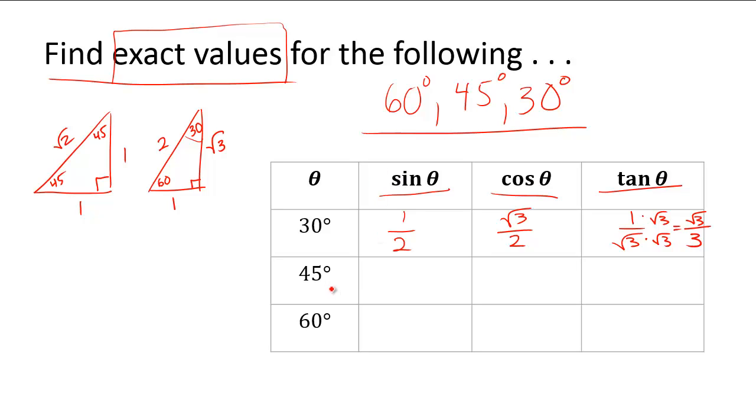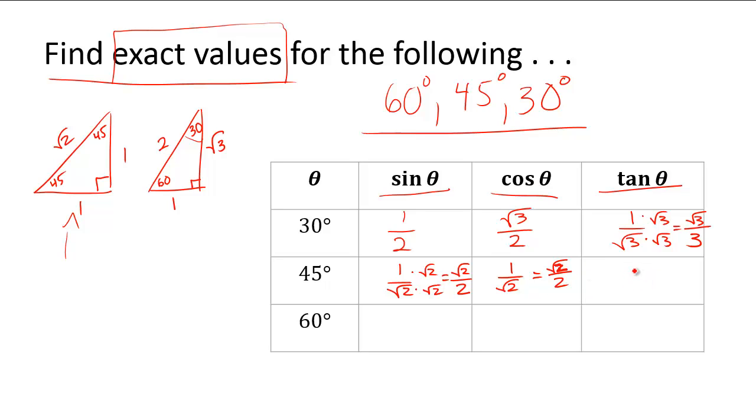What about sine of 45? Well, 45 is in this triangle, so the sine will be opposite over hypotenuse, 1 over root 2, so get rid of the root in the denominator, leaving you with root 2 over 2. The cosine is going to be the adjacent over the hypotenuse, which is as well going to be the same thing, root 2 over 2.